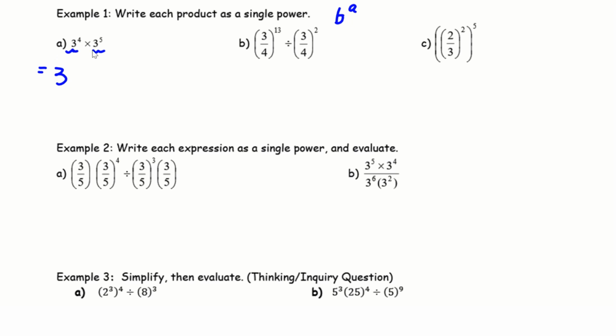This one you have 4 threes, this one you have 5 threes. So add them together, 4 plus 5, is 3 to the exponent 9. It didn't ask you to evaluate, so you can just leave it there. This is called a single power, one base and one exponent.